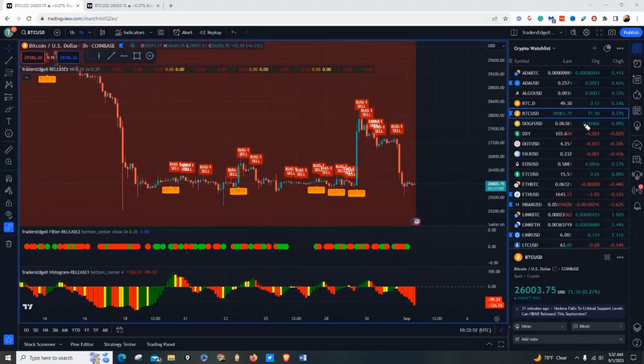So number one is we've got to know in this technique who is in control. We always got to understand whether the buyers or sellers are in control. And we do that by, for example, this is BTC USD. This is Bitcoin paired against the United States dollar.